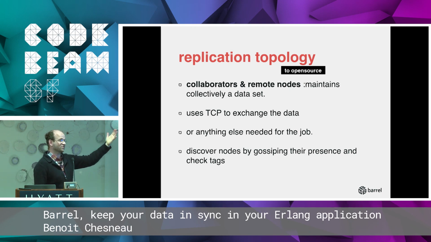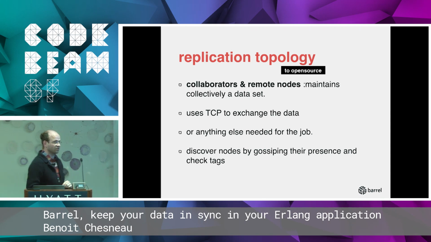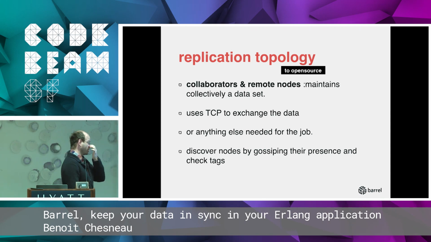And when you want to query the data, it will start to ask that node, but that node will also ask the collaborator, is there something more to give to the client? And the client doesn't have to know anything about that. You just query the main node.